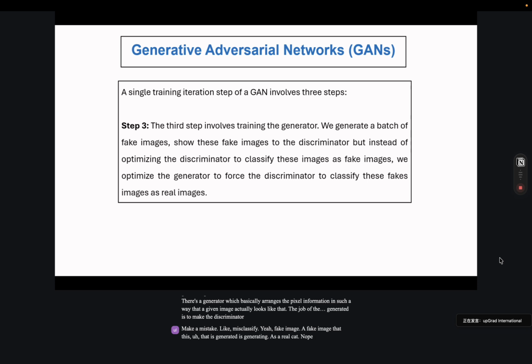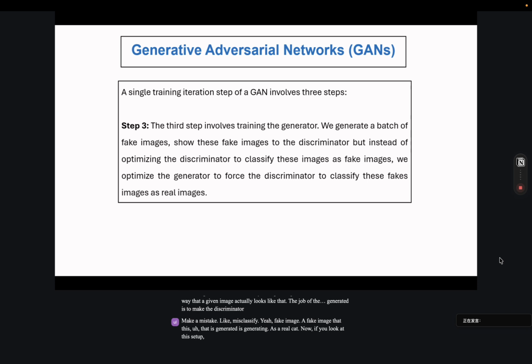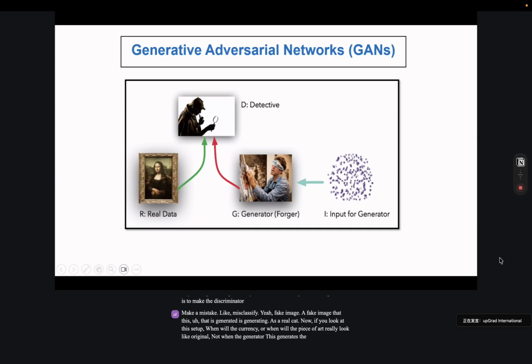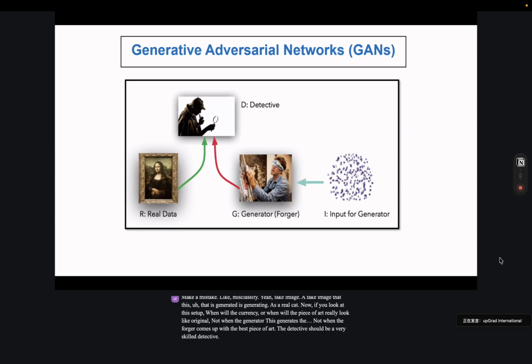Now, if you look at this setup, when will the currency or the piece of art really look like the original? Not when the generator just generates, not when the forger comes up with the best piece of art. The detective should be a very skilled detective, right?